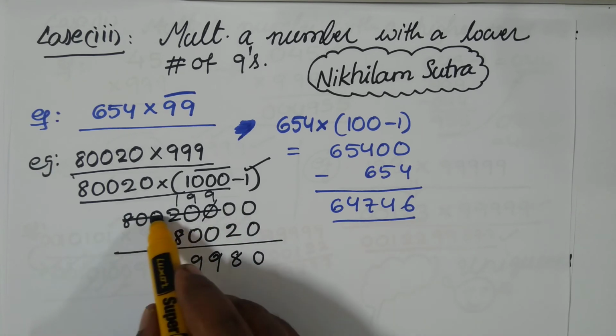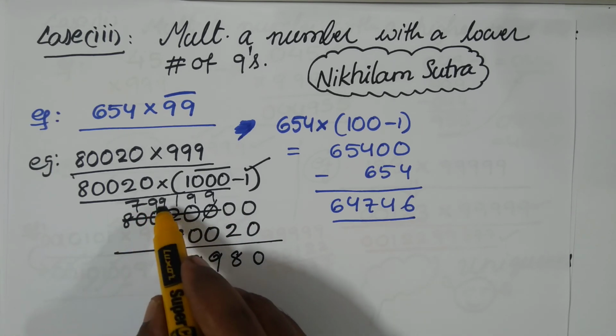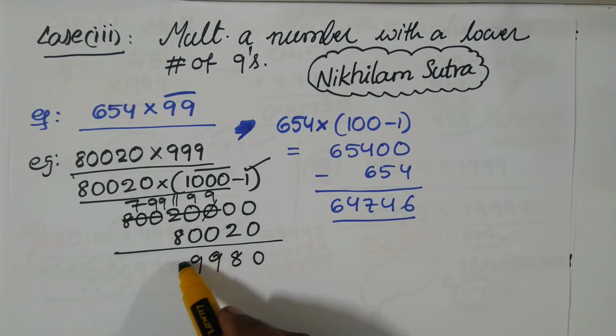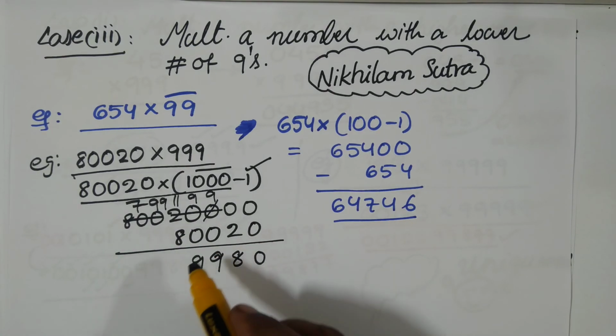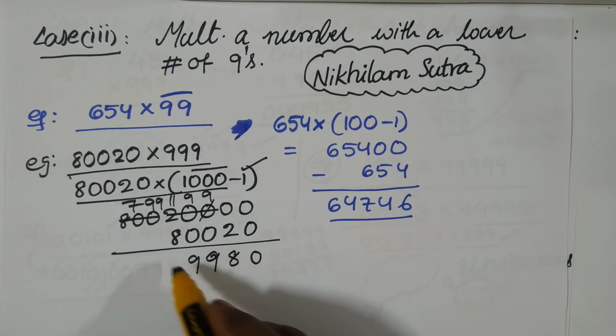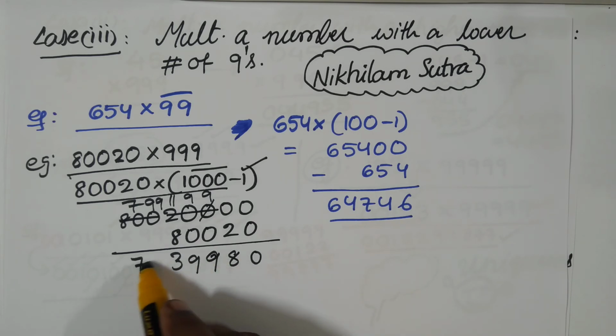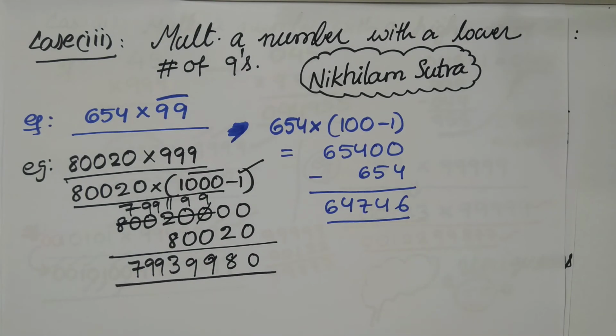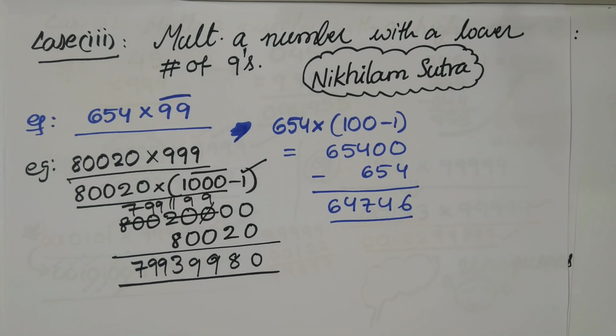Now I'll get 1 from this, so this is 799, and this becomes 11. I'm doing normal subtraction, you are very familiar with this. 11 minus 8 is 3, and 799. That's it. Anyways, we will appreciate this in phase 2, when we exercise this using the Nikilam Sutra.